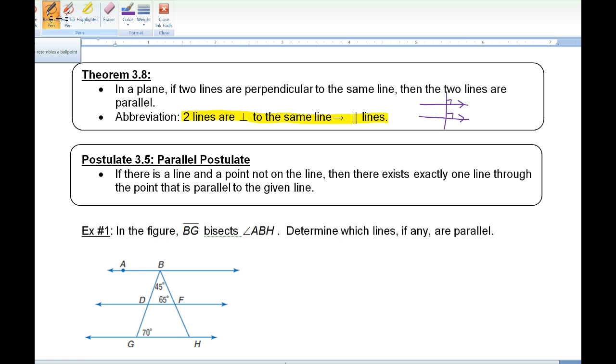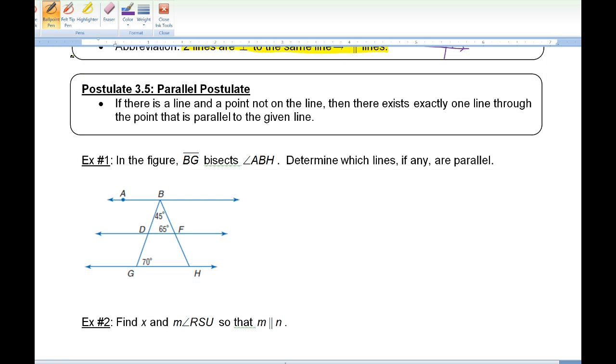And then the parallel postulate is not something we're going to use too often. It has more to do with something we'll see in the next section. But if you have a line and a point not on the line, there's only one line that goes through that point and is parallel to this one. In other words, if you try to draw another line, it's just going to overlap that first one.